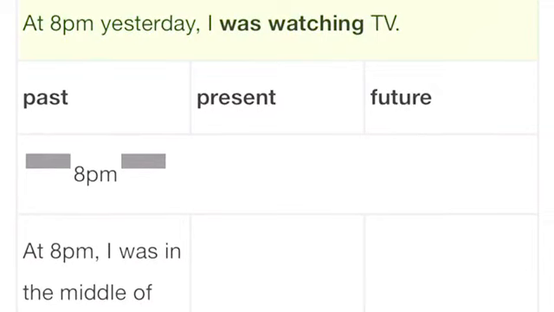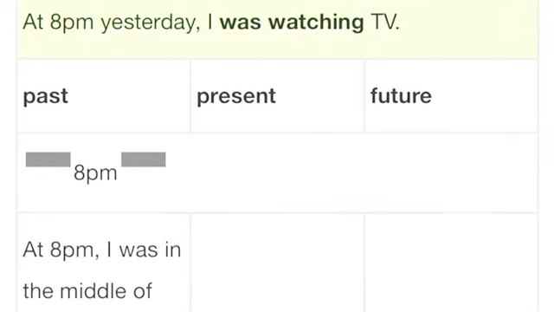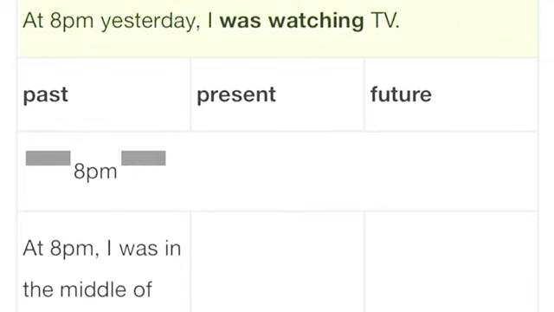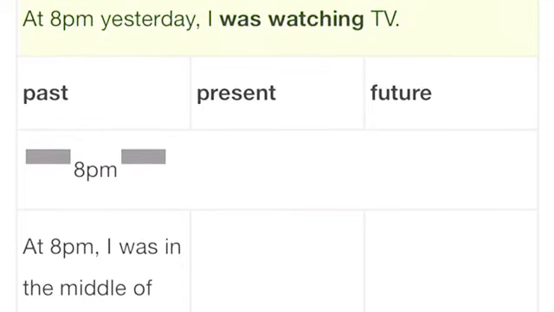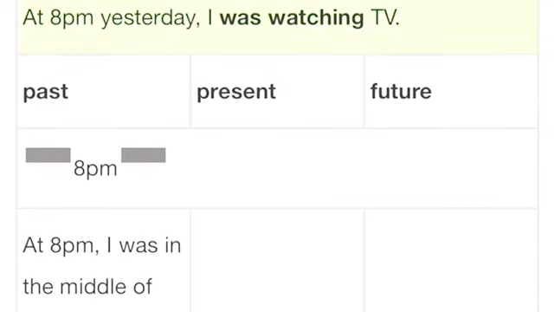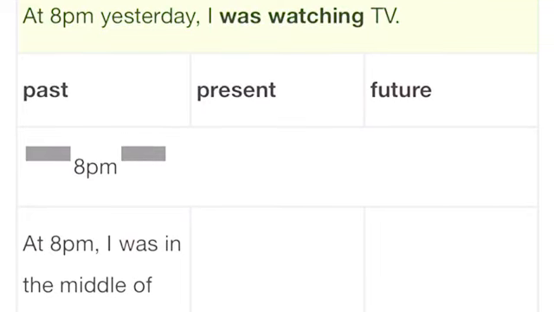Now understand one thing, that when we use the past continuous tense, our listener or our audience usually knows or understands what time we are talking about. Got it? If you analyze this particular example, it's at 8 p.m. yesterday I was watching TV.